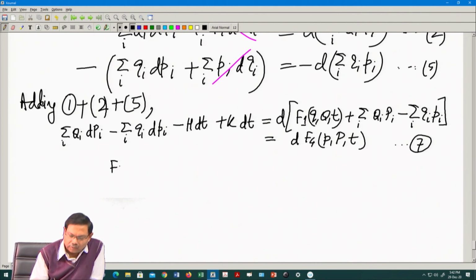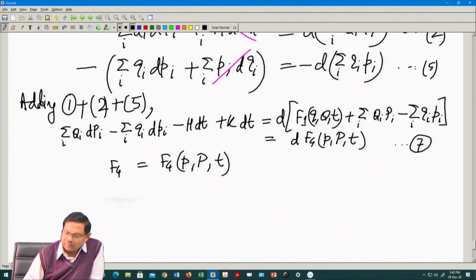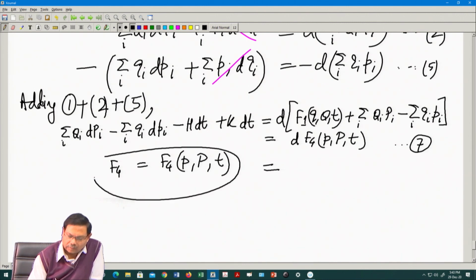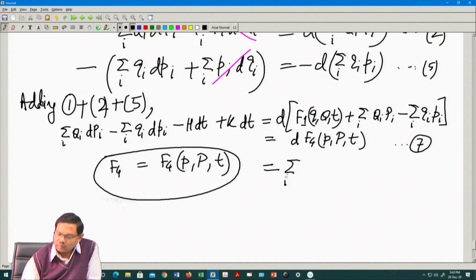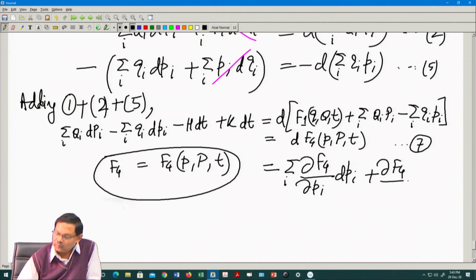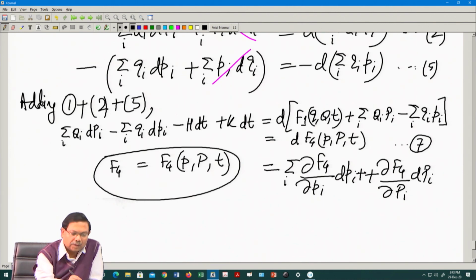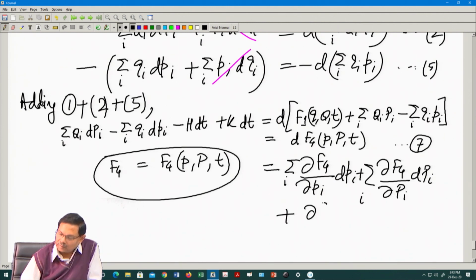This is my equation 7. Now, F4 is a function of both the P's, so I can write this as sum over i of the partial derivative of F4 with respect to p_i dp_i plus the partial derivative of F4 with respect to uppercase P_i dP_i, with summation over i, plus the derivative of F4 with respect to t, dt.